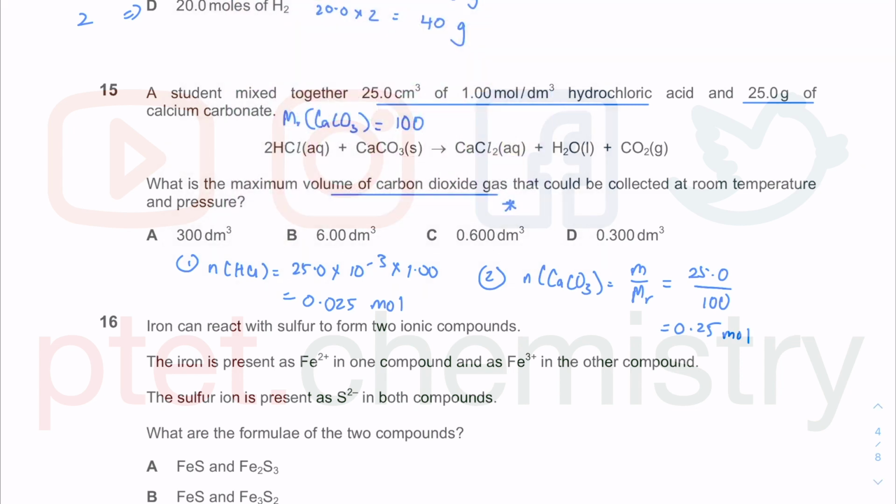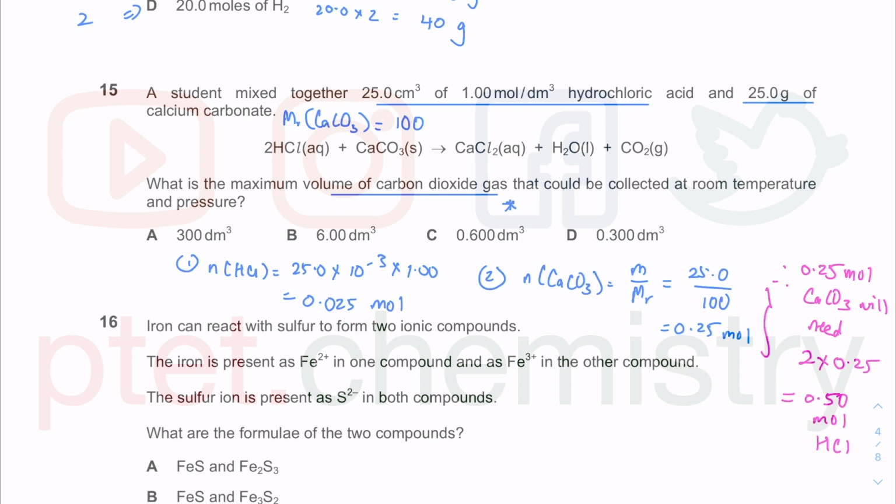Alright, so what I can do is, therefore, 0.25 mole of calcium carbonate will need 2 times 0.25, because 1 of calcium carbonate, 1 of these require 2 of it. So if you have 0.25 of this, you need 2 times 0.25, which will give you 0.50 mole of HCl. How much you actually have?